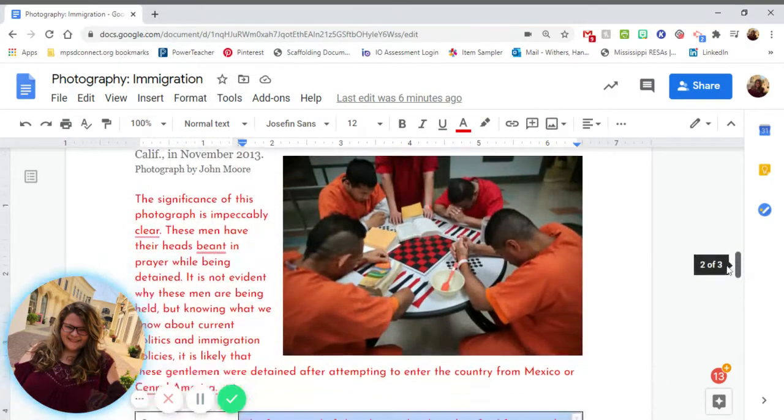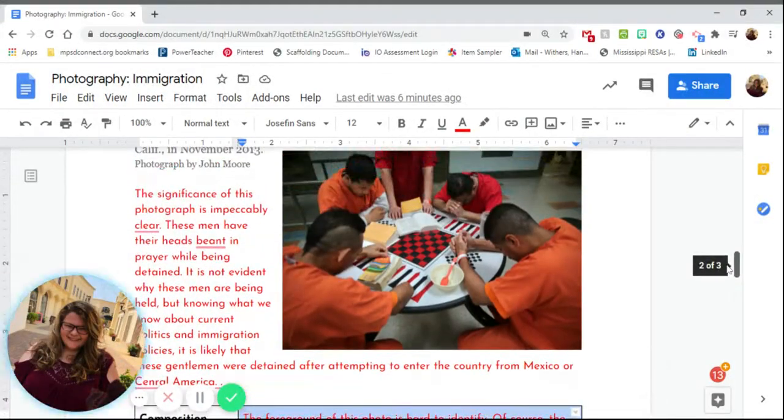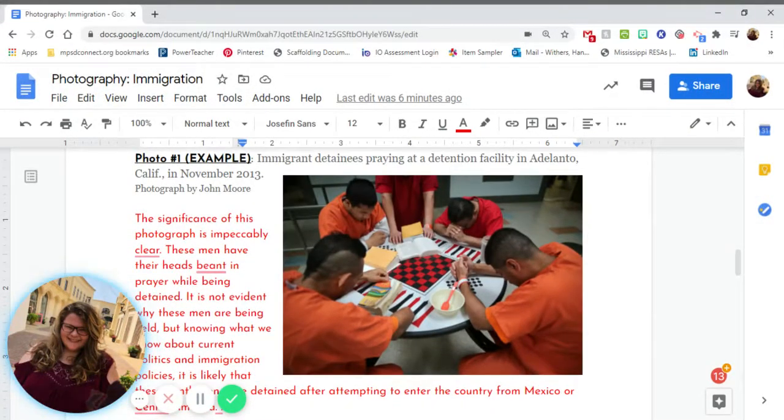Yet again, just like with the composition of this picture, it's got an interesting angle because, for these two gentlemen, the picture is taken from above them, and yet we have this man that seems to be cut off because he's standing and the rest of them are sitting. So it's coming from above and they're praying.